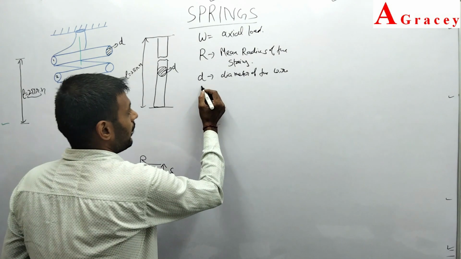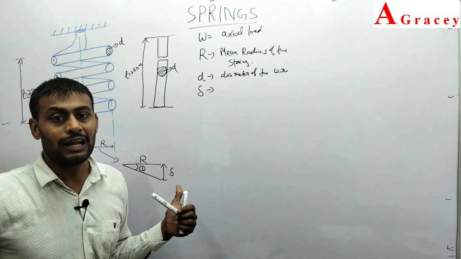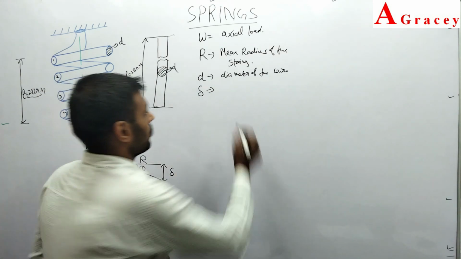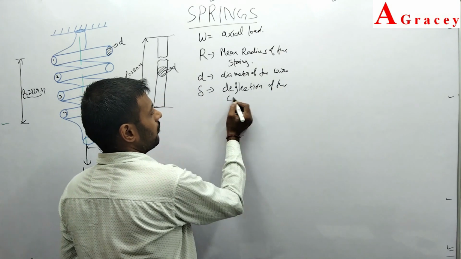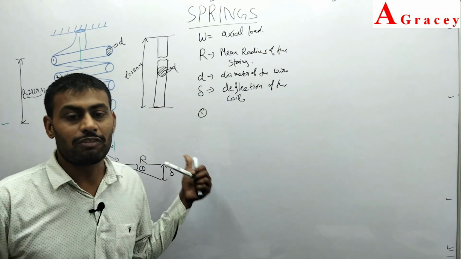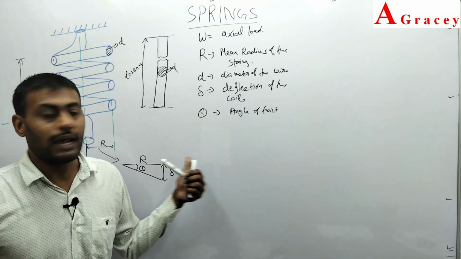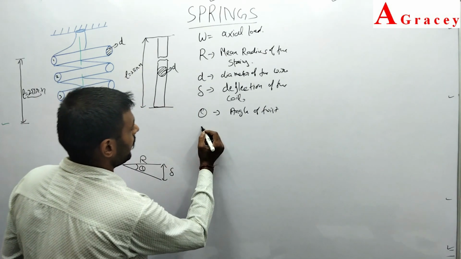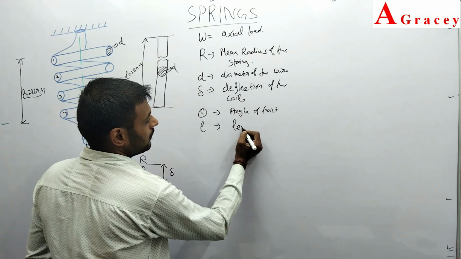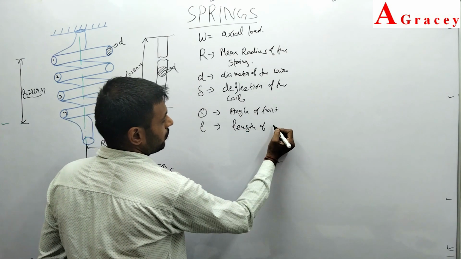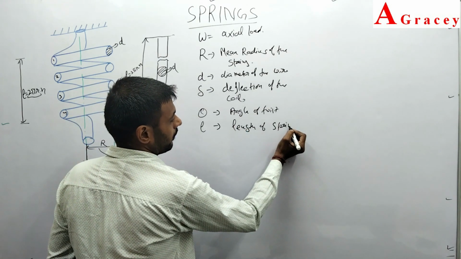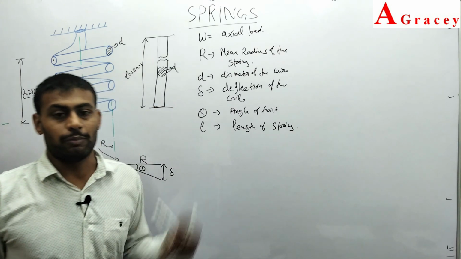So what do you mean by delta? Delta is the deflection of the coil. And theta represents the angle of twist. And L is the length of the spring, represented in mm here.